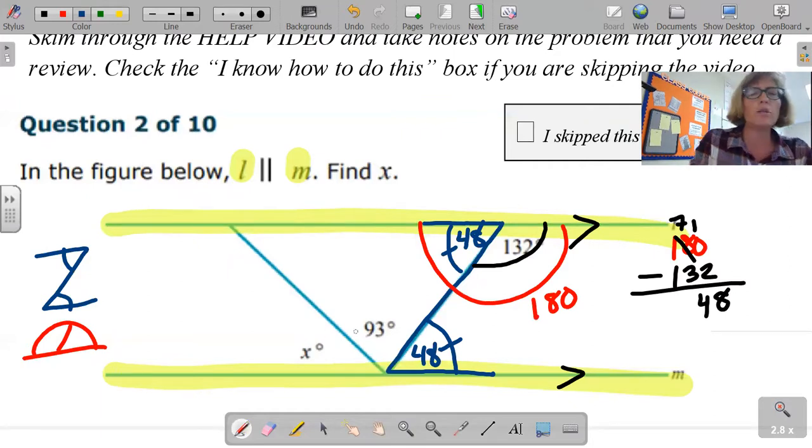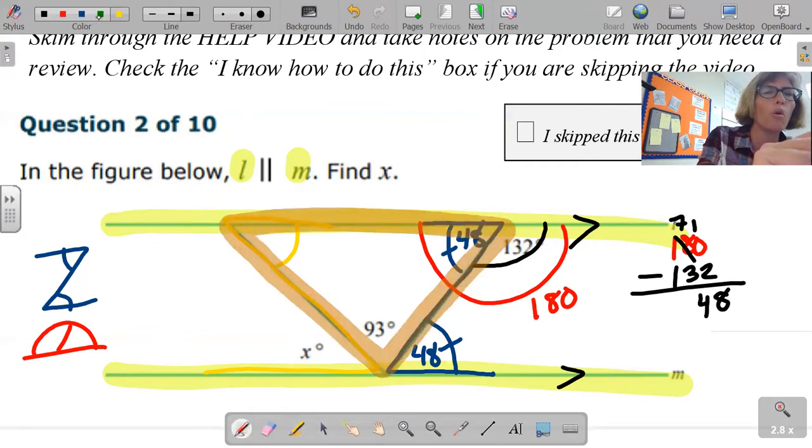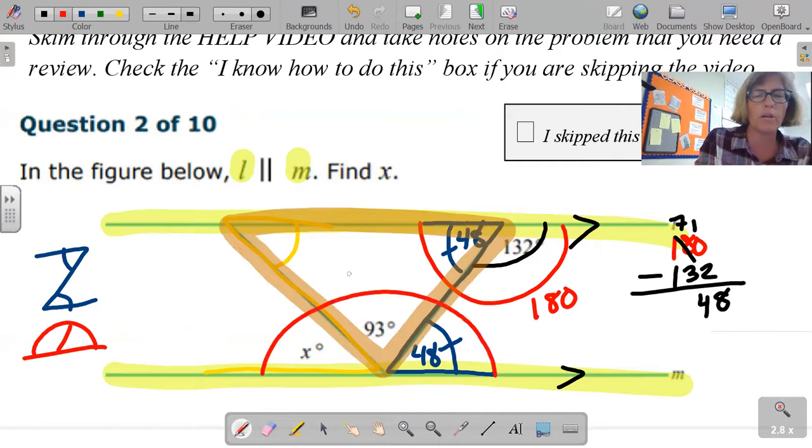There's a couple ways you can solve this. You could get this angle here, and you would get armpits of the Z. Because triangles add up to 180, that would be one way. You could work that orange triangle, or you could work this linear pair here again. Actually, it's not a linear pair, but it's still 180. But either way, it's going to be the same mechanics here.